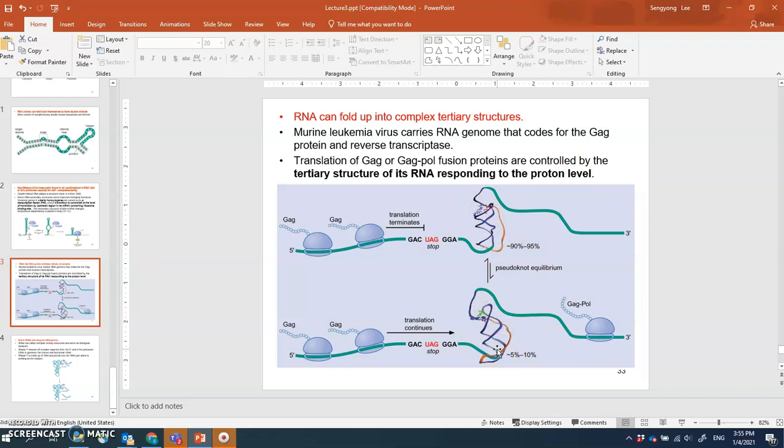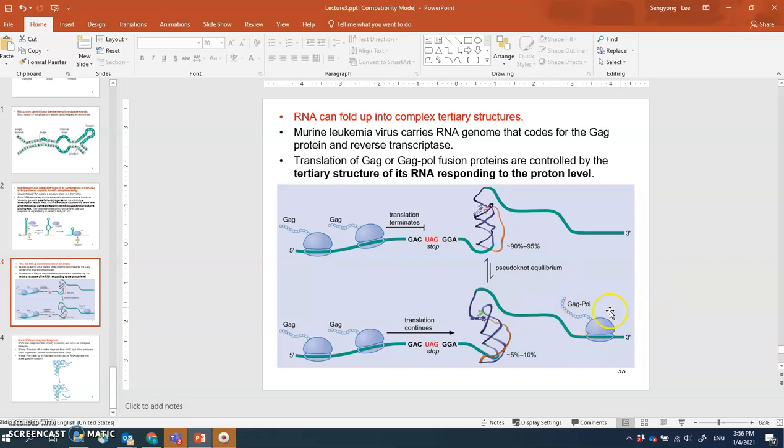If the proton level is changed significantly, then this tertiary structure adapts a different structure. If that happens, then what? These ribosomes can run through this stop codon. It doesn't stop at the stop codon. Instead, it goes through and continues the translation. So not only is the GAG protein made, the GAG is fused with other codons after this. It's actually GAG and polymerase fused together.